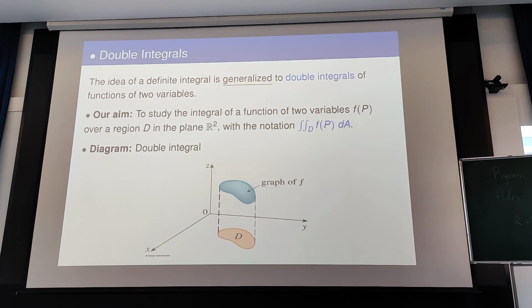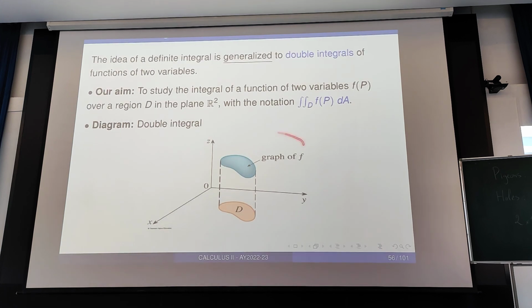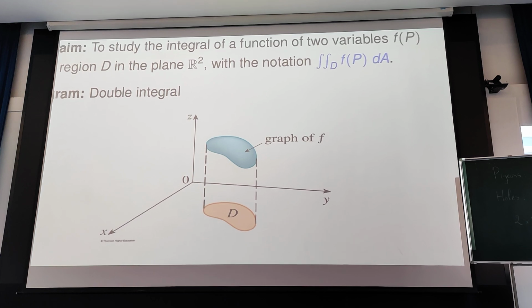So keep in mind this idea, you can derive a very similar object for a two variable function. First, take a look at this picture. This blue area gives you the graph of a two variable function. It is a surface, right? This one is a surface, a graph of a two variable function f.